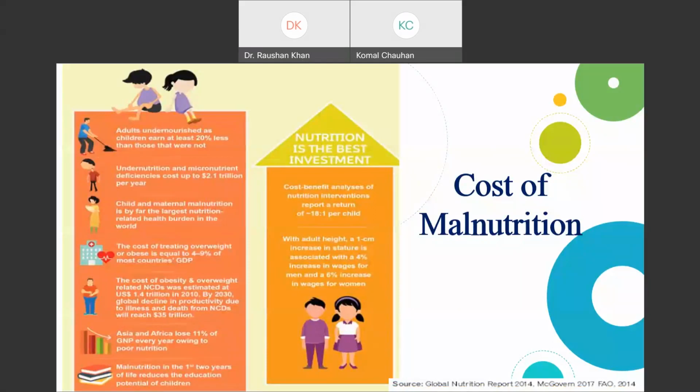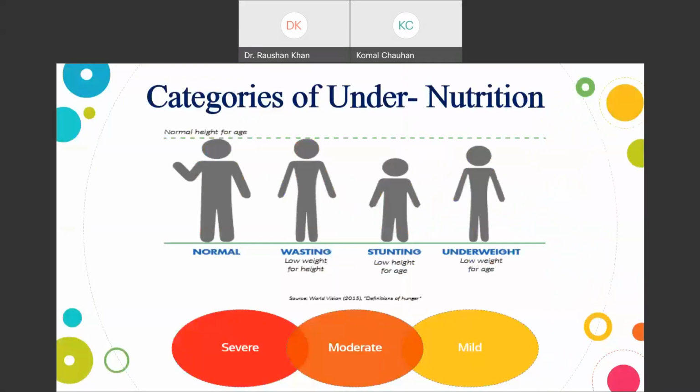Now moving towards the categories of undernutrition. These are basically the parameters through which we assess whether a child is developing normally or not. Firstly, if the child has normal height for age, weight for height, BMI, or MUAC, then the child is definitely in the normal category.